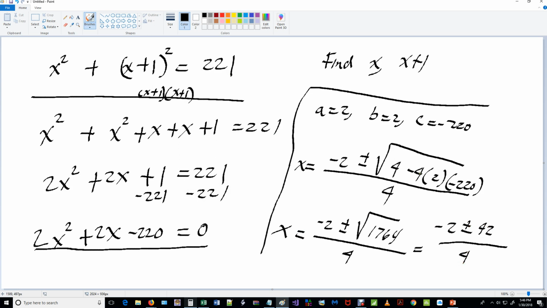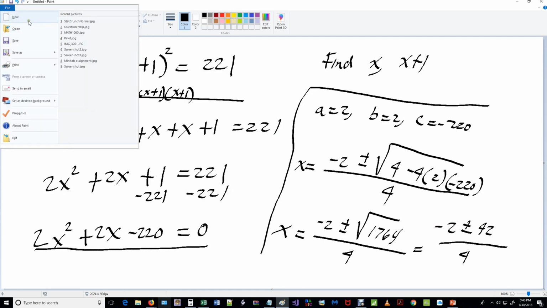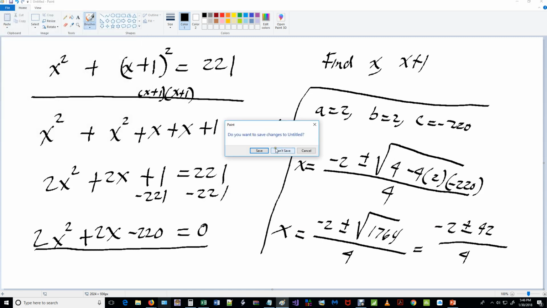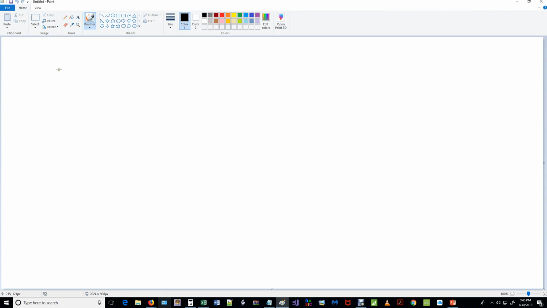So let's find the x's. Minus 2 plus or minus 42 divided by 4. They're integers, right?